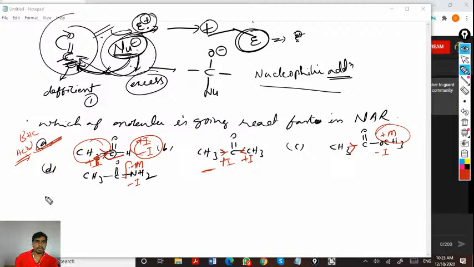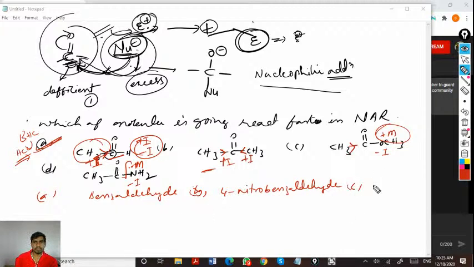Similarly, the next options: benzoylate and 4-nitrobenzoylate. Next, 4-cyanobenzoylate and option B, 4-methoxybenzoylate.